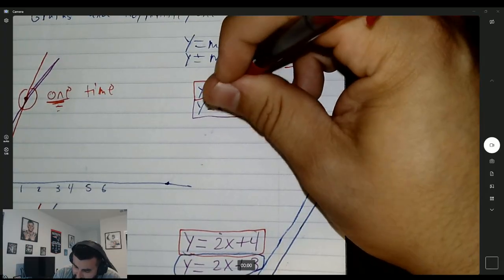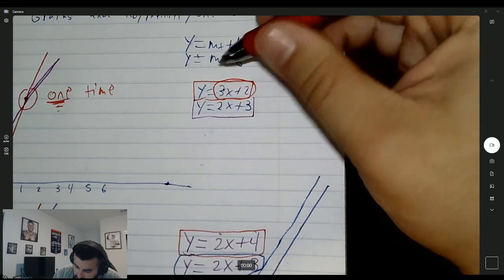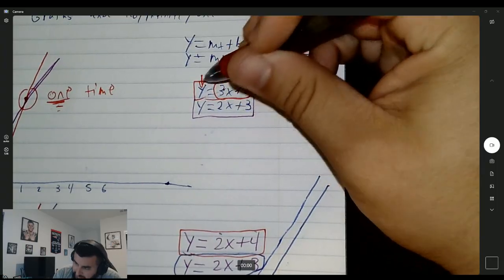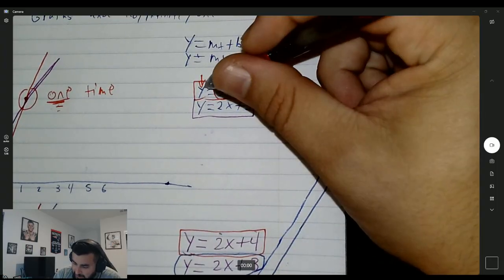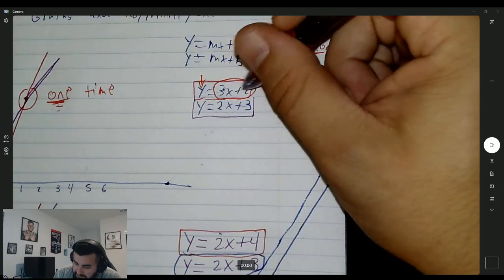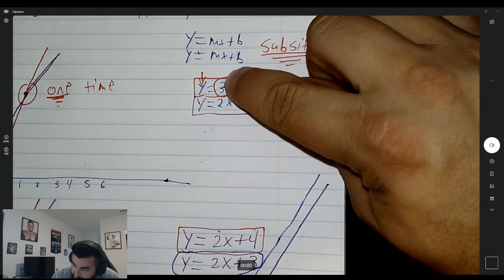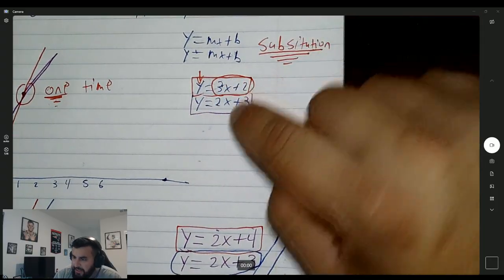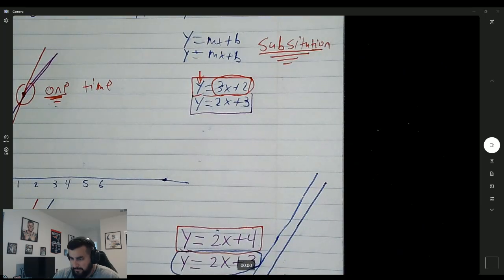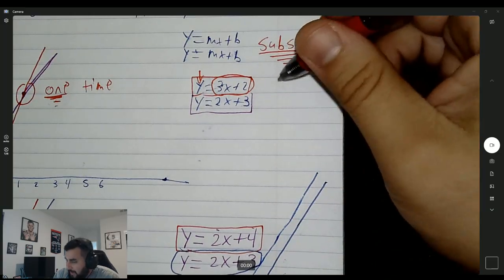Y equals 3x plus 2. So 3x plus 2. This y right here is alone, right? It's telling me y equals 3x plus 2. So I could put 3x plus 2 anywhere I see a y. Okay. Anywhere I see a letter y, I could put a 3x plus 2. Because let's talk about past reference.